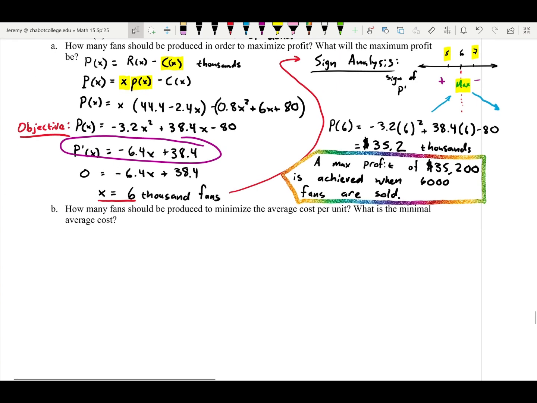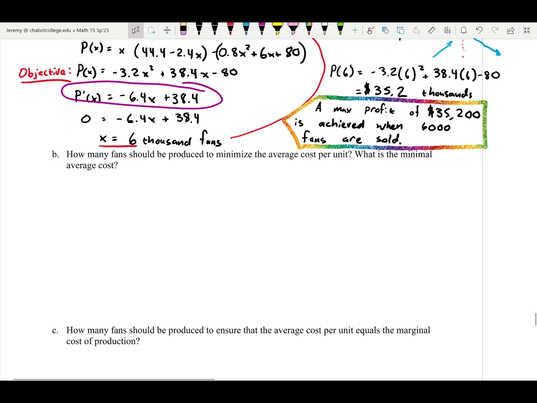For part B, we're being asked how many fans should be produced to minimize the average cost per unit. What is the minimal average cost? So this is another thing that would make sense to do if you're running this business. How can we minimize the average cost per unit? Well, remember the way that we define the average cost, I'll just call it AC of x.